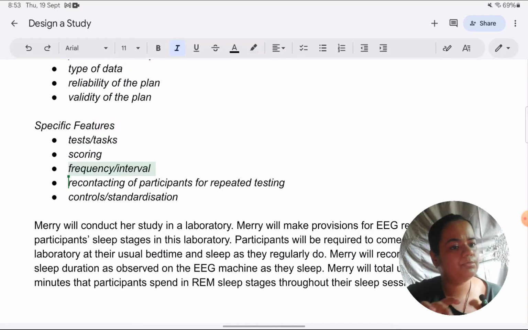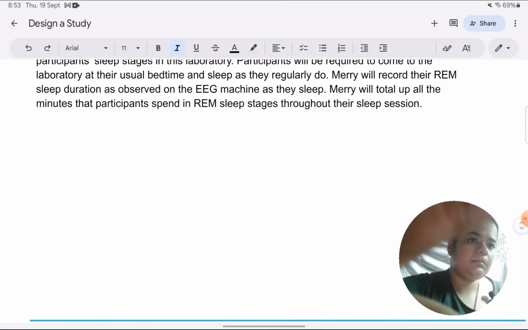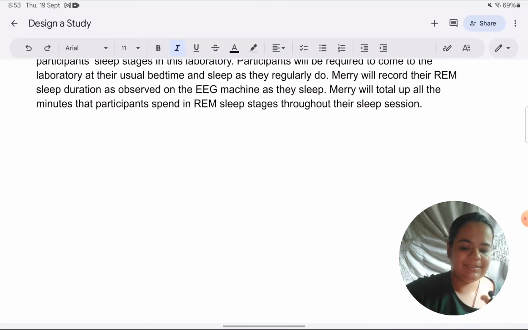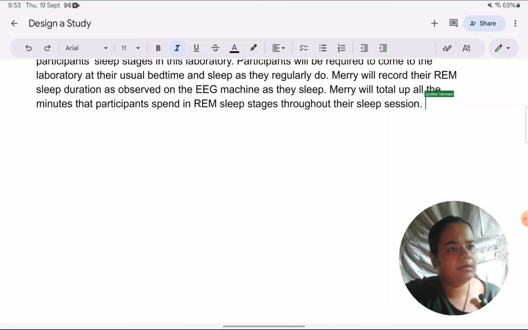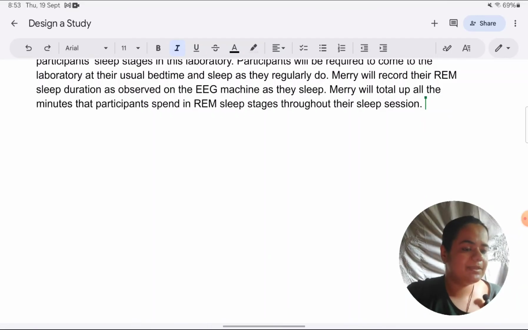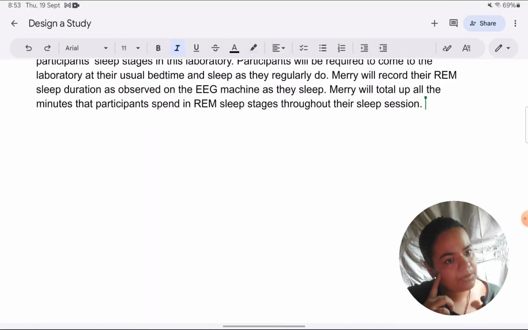But don't get into too many nitty gritties. Okay, so coming to frequency or interval, what I would suggest is, in my opinion, Mary should do testing every 5 years when she's studying them in childhood, and every 10 years when she's studying them in adulthood.